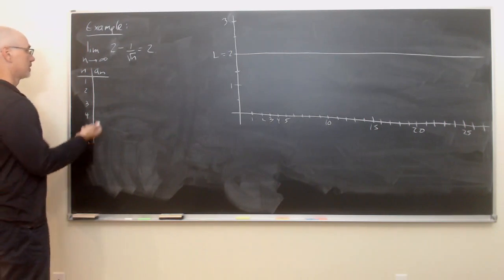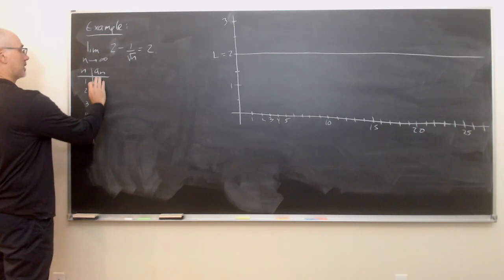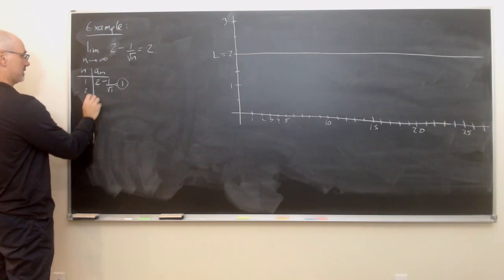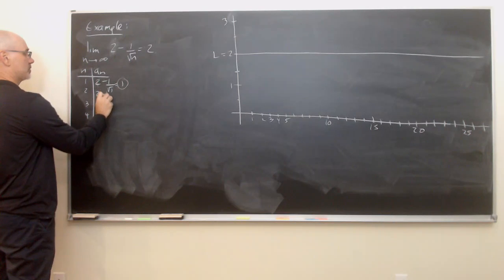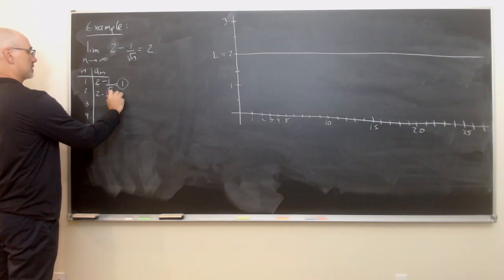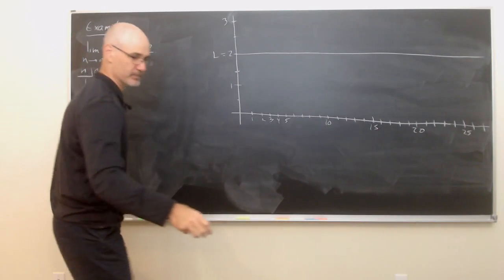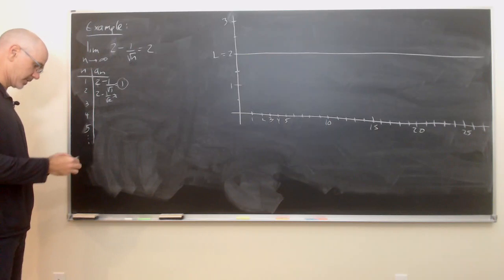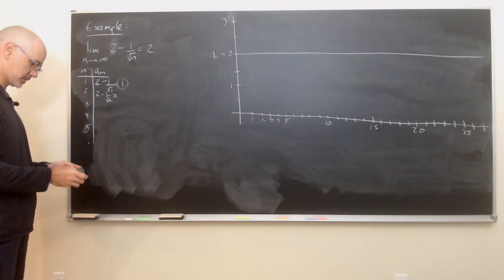behaving. So if n is 1, I would get 2 minus 1 over the square root of 1. So that's 1. If n is 2, I would have 2 minus 1 over root 2. Let's get a calculator to do calculations like this for us, even though we could get kind of close.